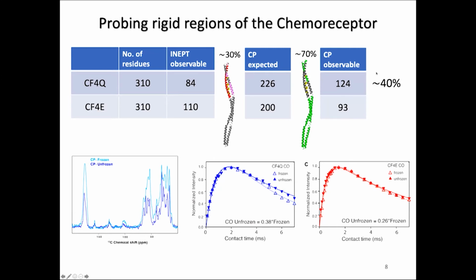So the number of CP observable residues that we might actually have is maybe around 100 residues in both the mutants.